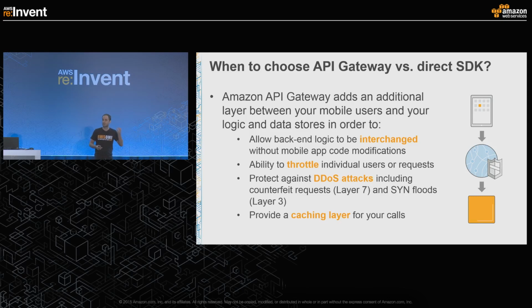In addition to that, we get the protection of network layer attacks all the way from layer 7 down to layer 3 attacks, such as SYN floods, for example. And most importantly, we also gain a caching layer. If you think about this application that we're building, we're tracking people's interests, right? So we could have one API call that just lists the interests of a certain user.